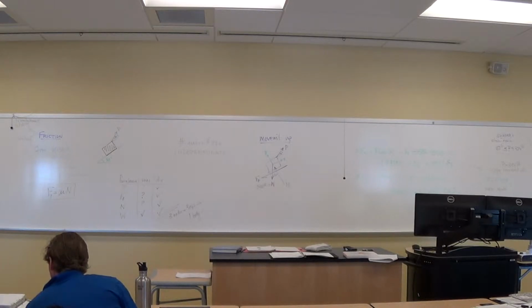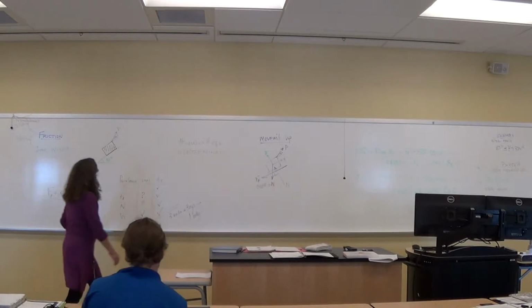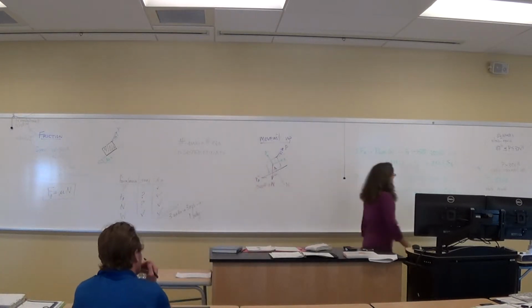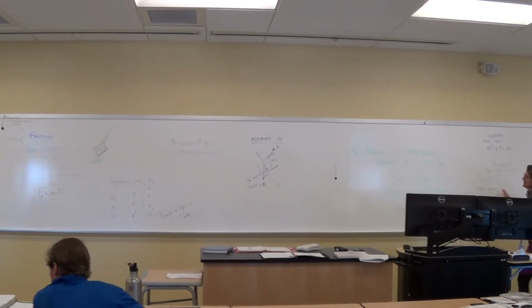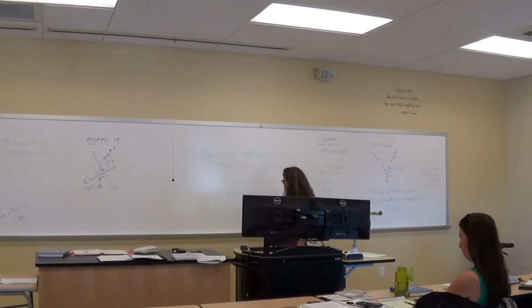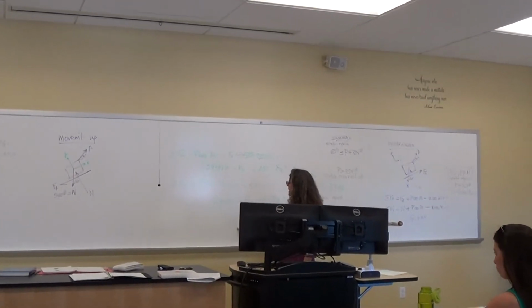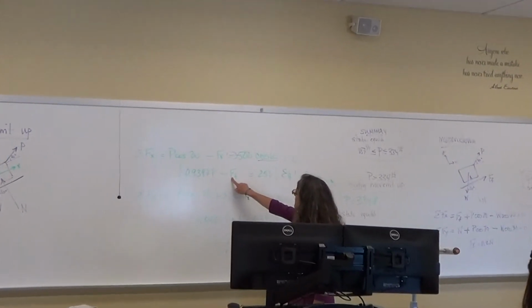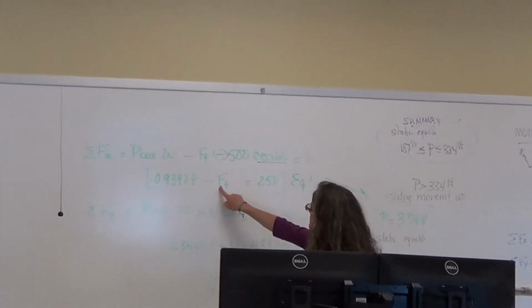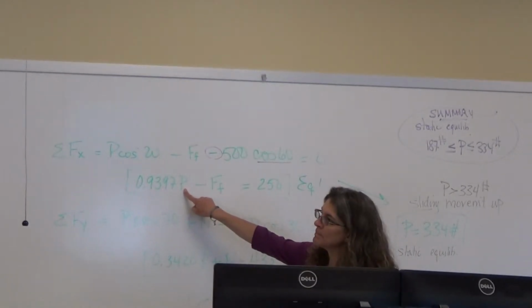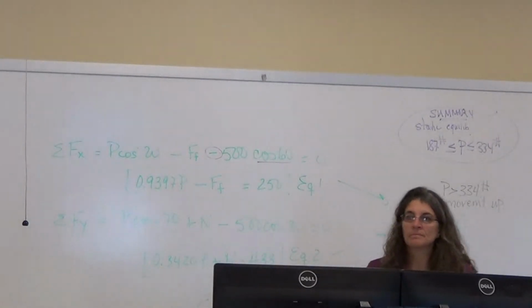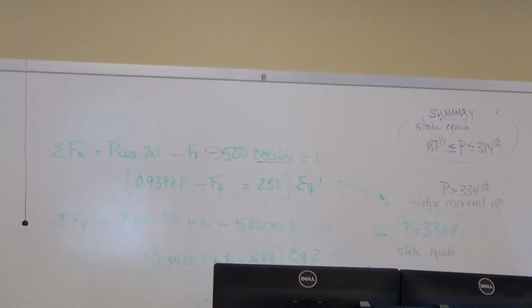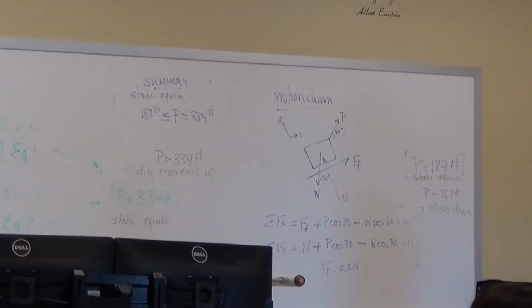So if we increase the coefficient of friction and we use rougher surfaces, what would it do to our P? This goes up, this goes up, everything's going to go up, or apply a greater force. Well, actually, if you increase the friction between them, then P could go down quite a bit, right?